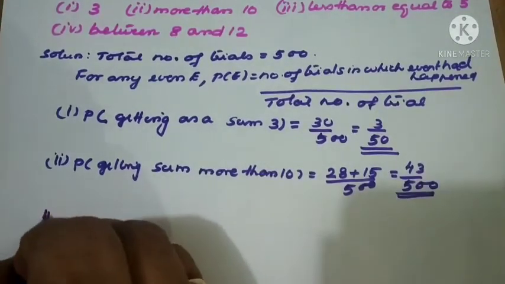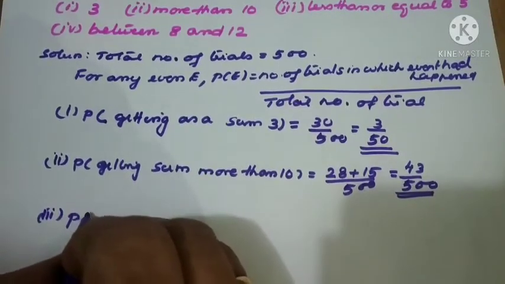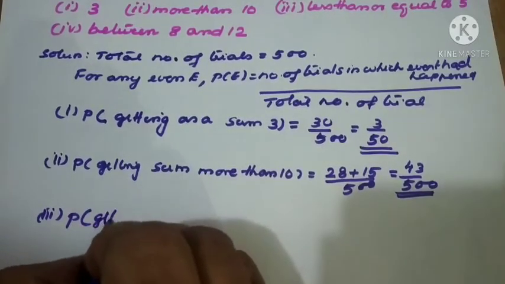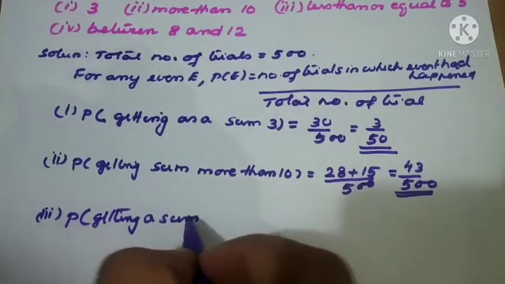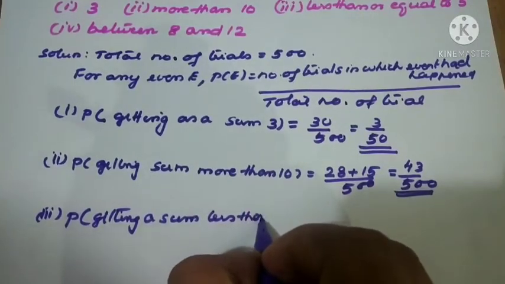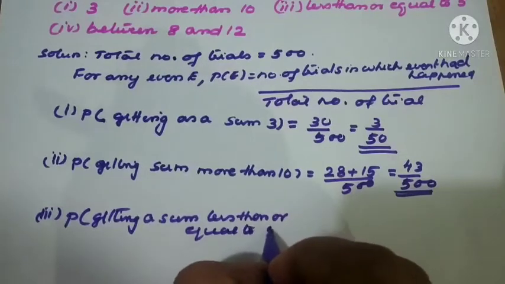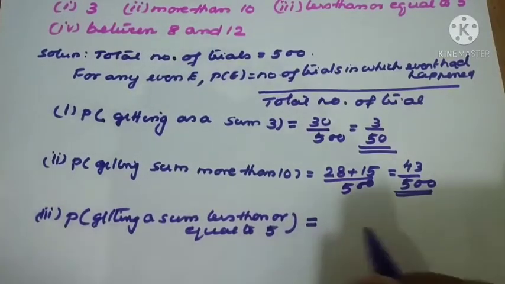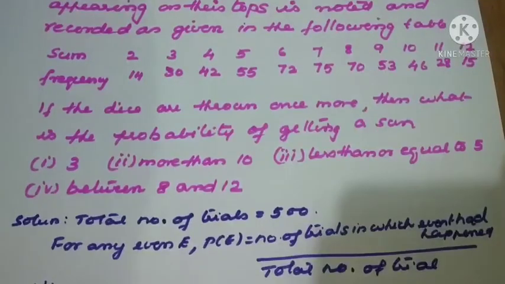Now what is the third question? Probability of getting a sum less than or equal to 5. Now let us see the table once again.